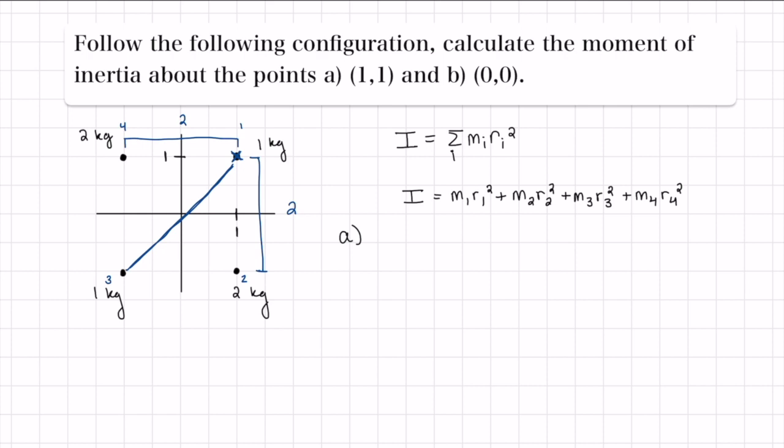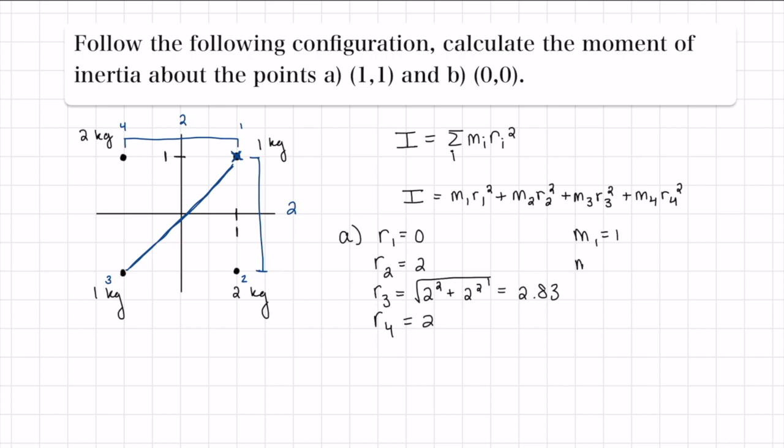But for part A, we're going to have r1 equals 0, r2 equals 2, r3 is going to be the square root of 2 squared plus 2 squared, so just using the Pythagorean theorem to solve for that, which is 2.83, and r4 is 2. We can also list out our masses.